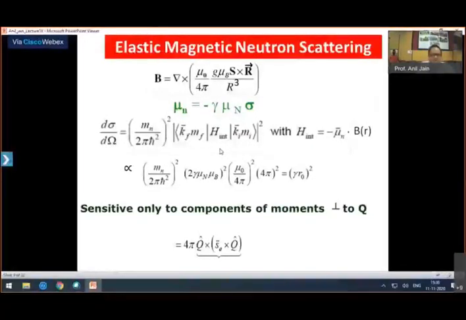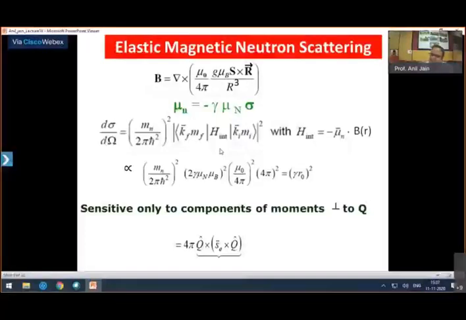So the source of this elastic magnetic neutron scattering is the magnetic field generated by the unpaired electrons in your sample, and the neutron, which has a magnetic moment given by minus gamma mu_n sigma, where sigma is the Pauli matrix, gamma is the gyromagnetic ratio, and mu_n is the nuclear magneton.